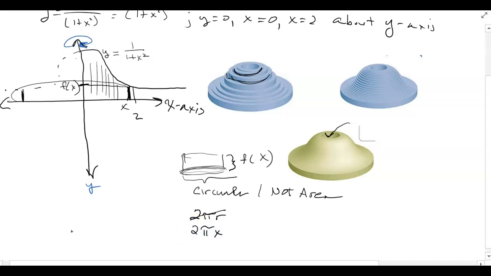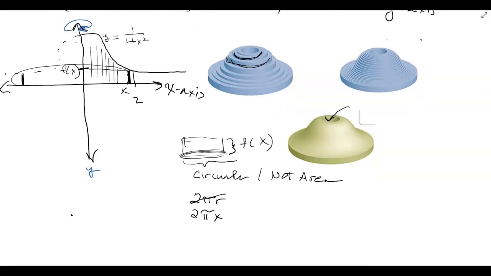And if you go through the process of summing them all together, your volume becomes the limit as n goes to infinity of the summation of these cylindrical shells. So what does that look like?